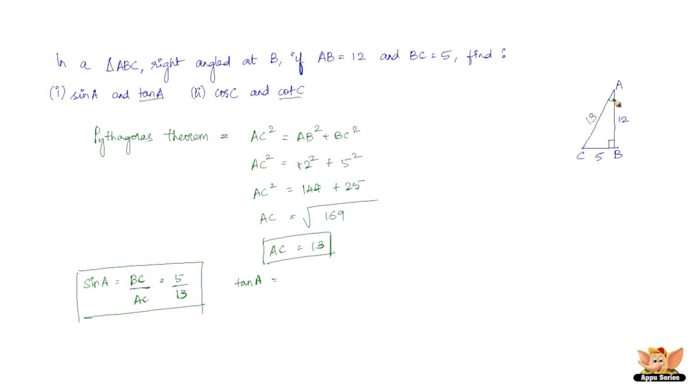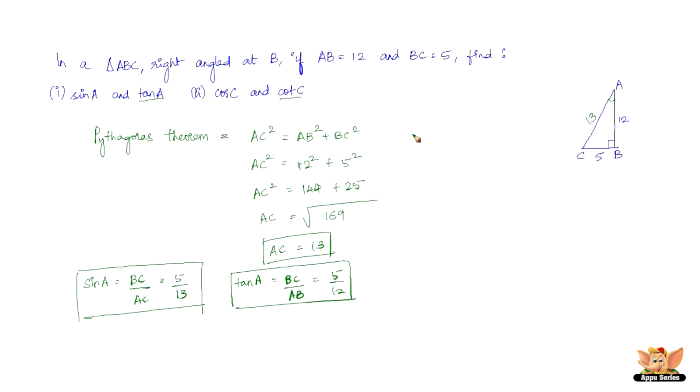The opposite to A is BC, divided by the adjacent, which is AB. Replacing BC and AB with their values, BC is 5 and AB is 12. So tan A is 5 by 12.